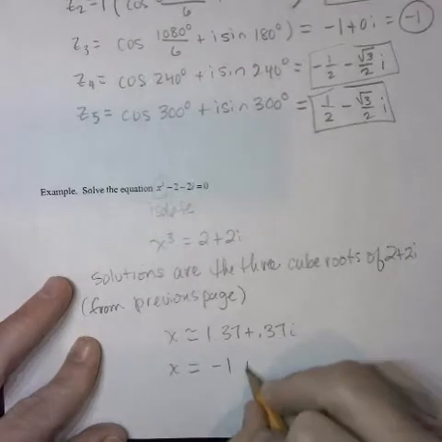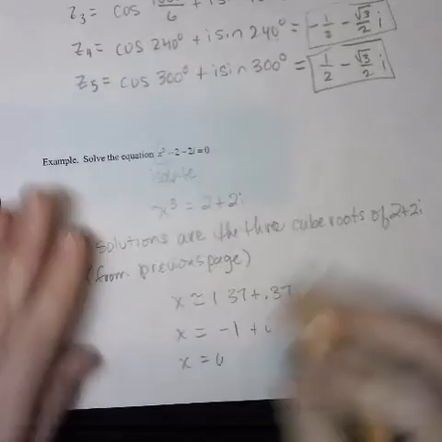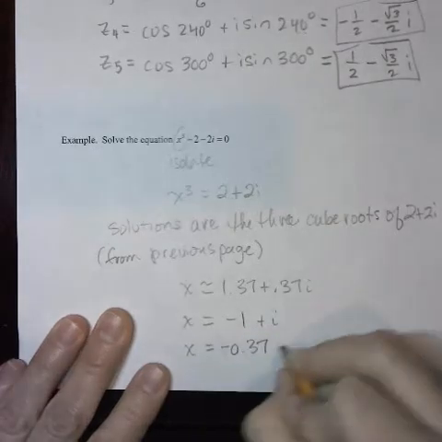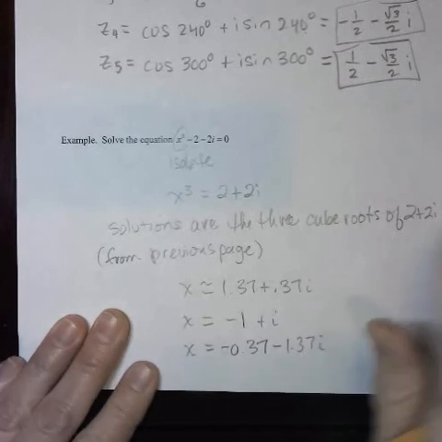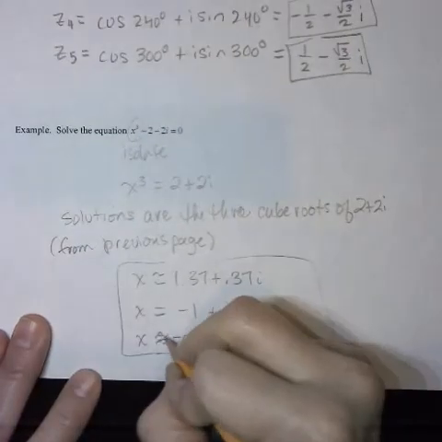And then the third would be negative 0.37 minus 1.37i. And this one is an approximation, of course. If we wanted to leave it exact, we would leave it in polar form.